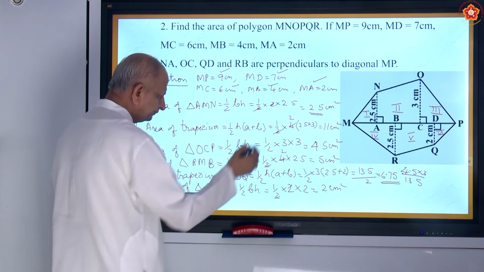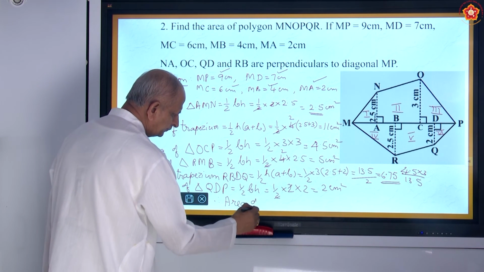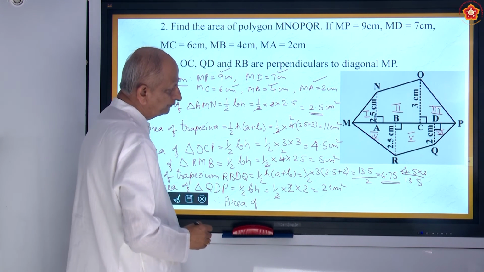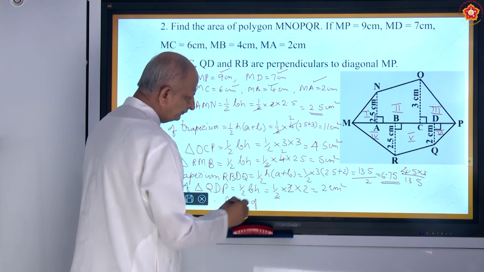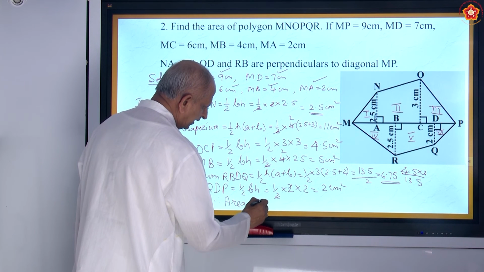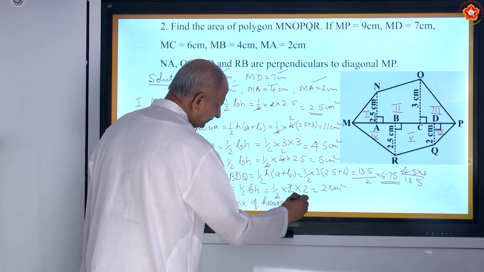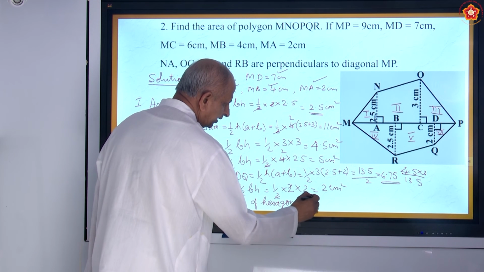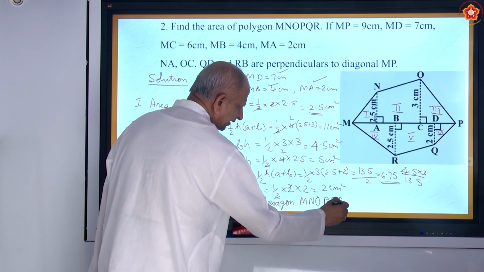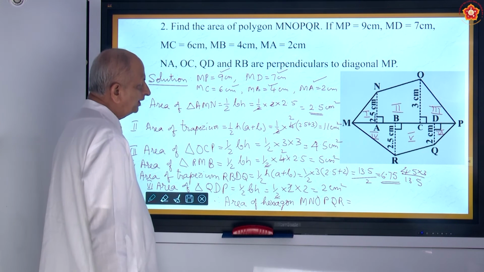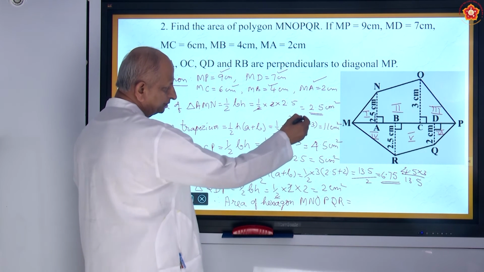So add all this. Lastly, area of what is the figure called? There are how many sides? 6 sides, correct? Area of hexagon. Name of the hexagon MNOPQR is equal to, add all this.